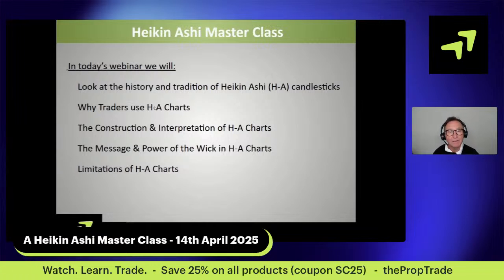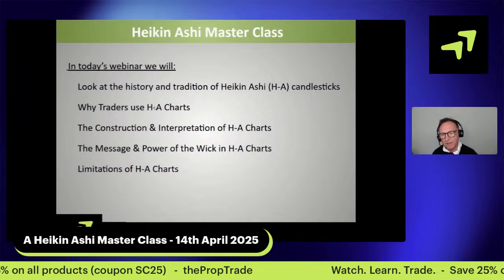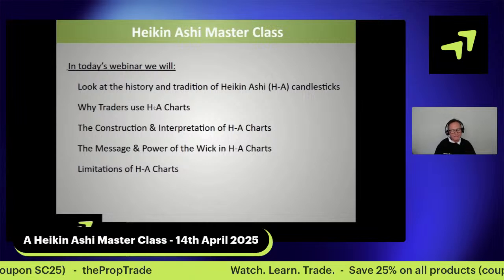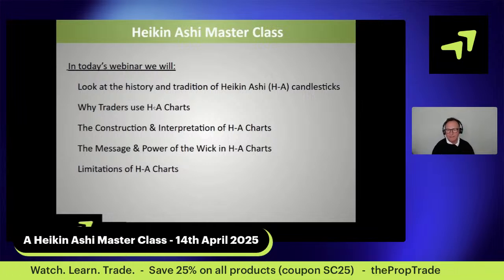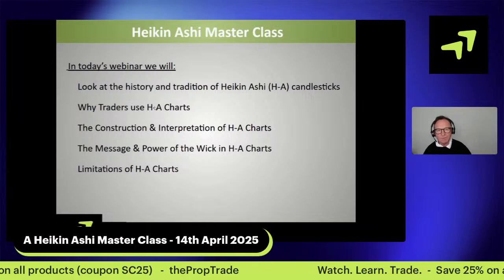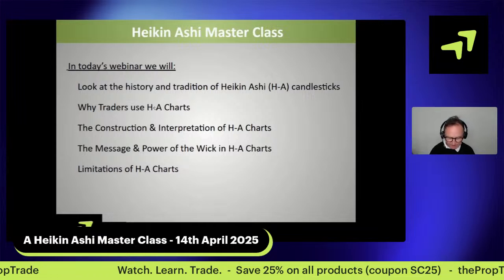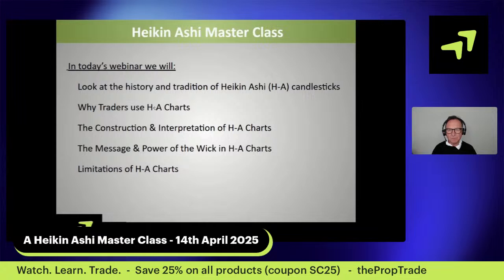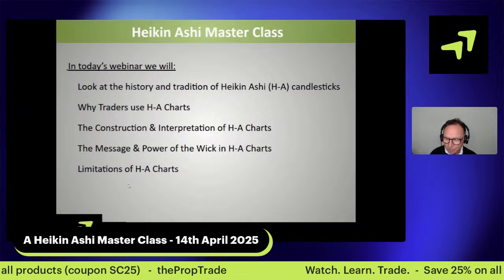The power of the wick is really, really important with Heikin Ashi charts, and obviously not everything in the world of trading is simple. This Heikin Ashi is very simple. It gives a nice, simple, clear interpretation. That's why I like them. But obviously, not everything is perfect. Nothing in life is perfect. And the limitations of Heikin Ashi candles, just like any other interpretation of price action, have their drawbacks. So we'll have a look at that as well.